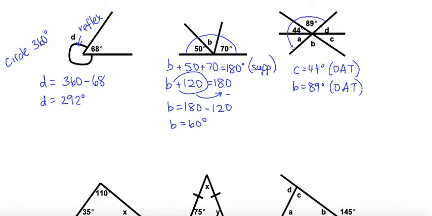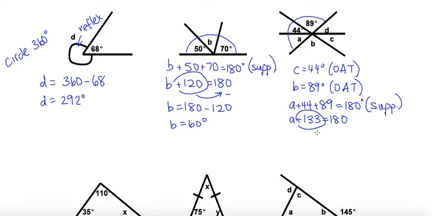It doesn't matter which one you do. Let's solve for A. These angles form a straight line and equal 180 degrees. So A plus 44 plus 89 is equal to 180 degrees. That's your supplementary angle theorem. So A plus 133 is equal to 180.